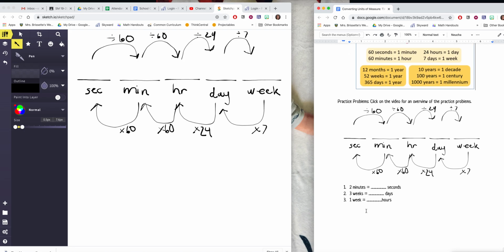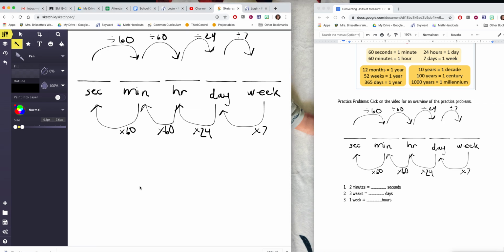Let's start with the first problem. The first problem says 2 minutes is equivalent to how many seconds? So let's go over here. If I have 2 minutes, and I want to know how many seconds that is, I'm going to multiply 60 times 2. And you could be doing this in your head.